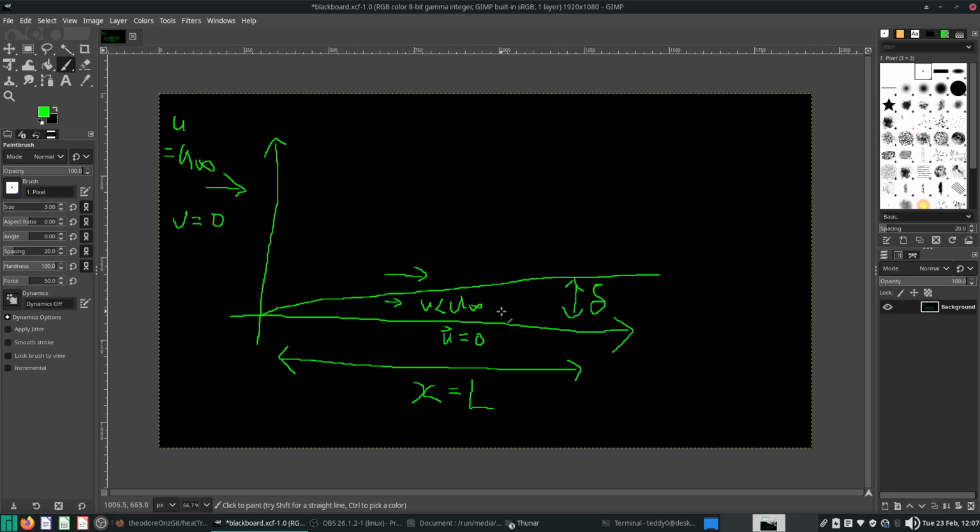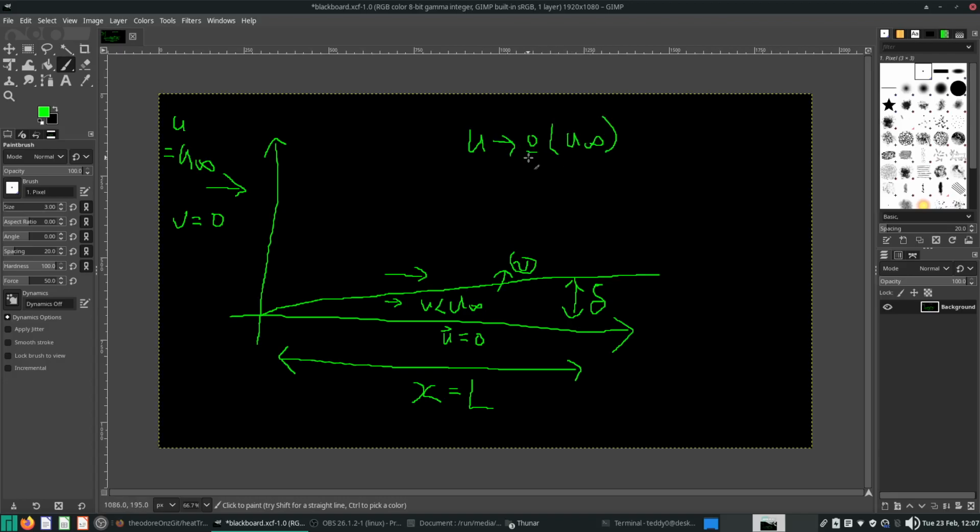So if the fluid is being stopped near the boundary layer, it has to have some y velocity. So how big is this y velocity? How big is this y velocity compared to u? All right, so u, we can say u is on the order of u infinity.